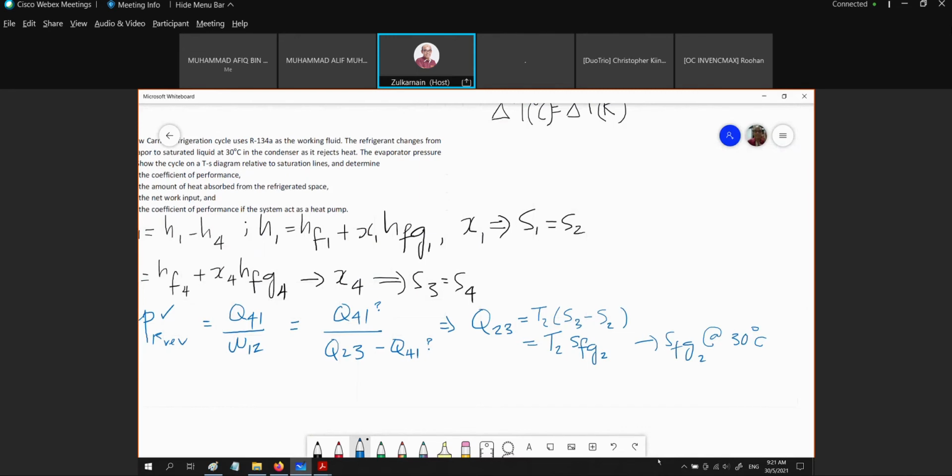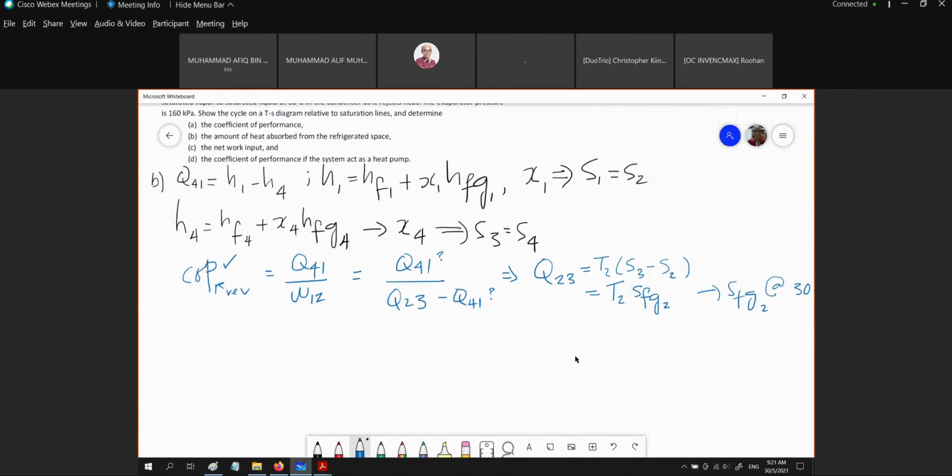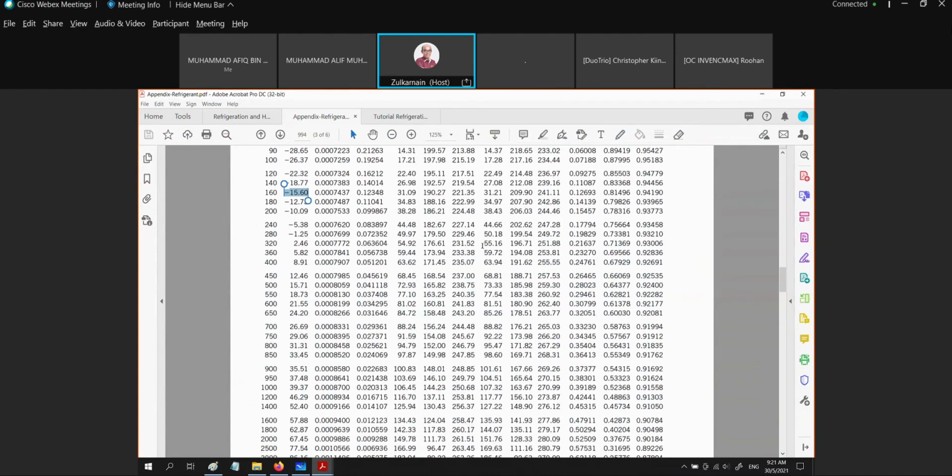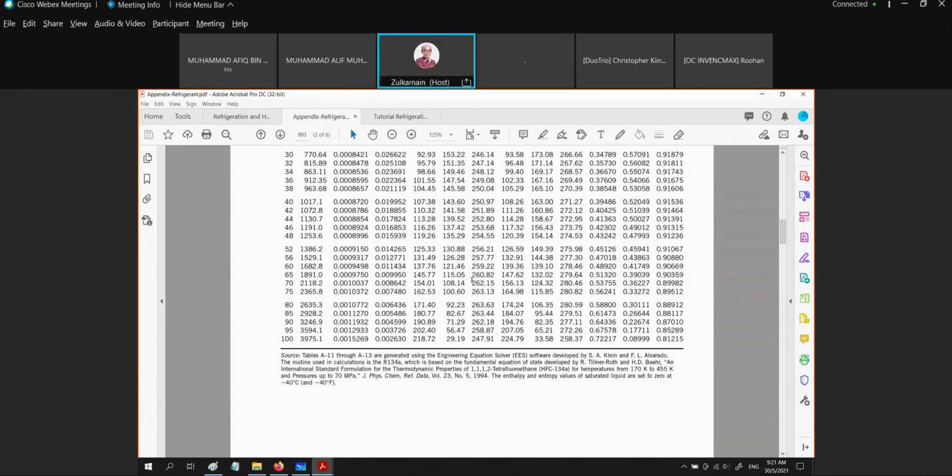So when we solve the Q23, then we could solve the Q41. Let's try to get the Q23. Q23 is equal to, what is our T2? T2 is 30 plus 273, multiplied by the SFG at 30 degrees C. Let us look, what is the SFG at 30 degrees C?